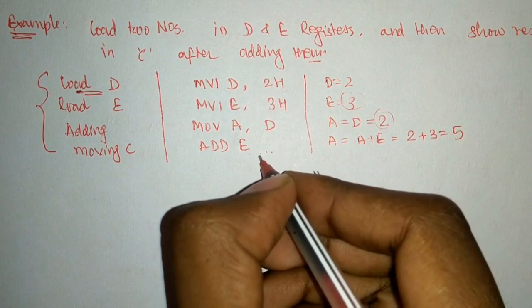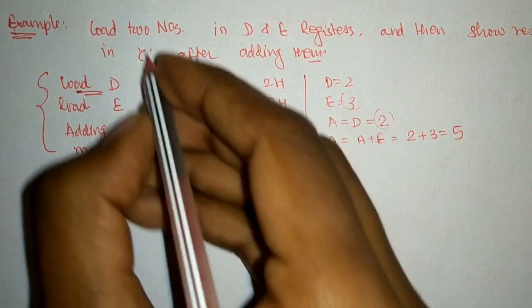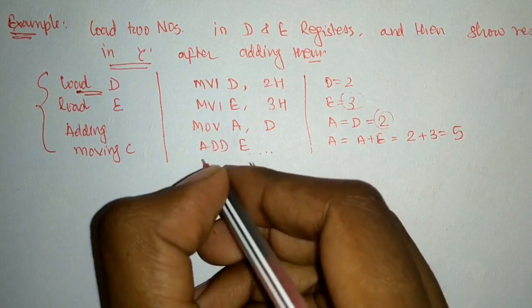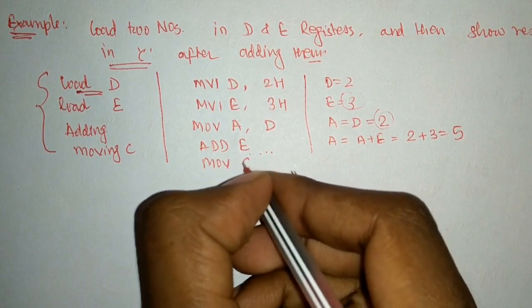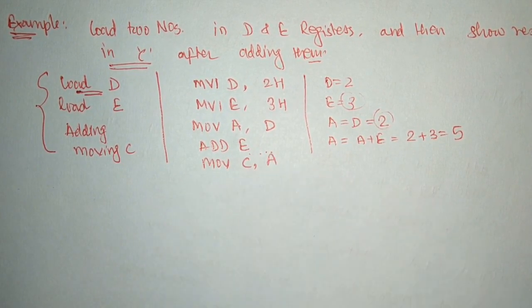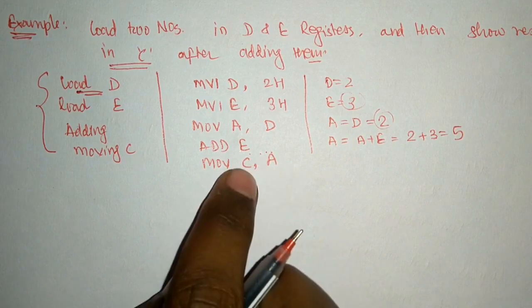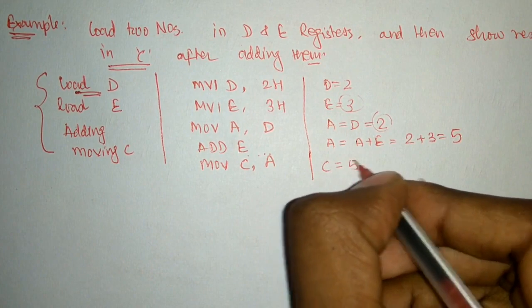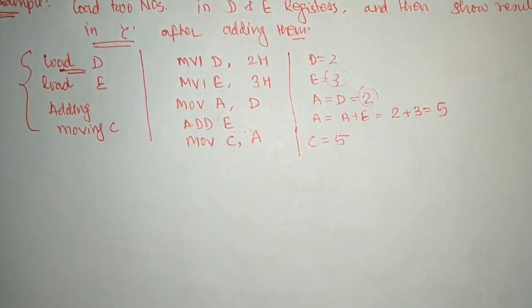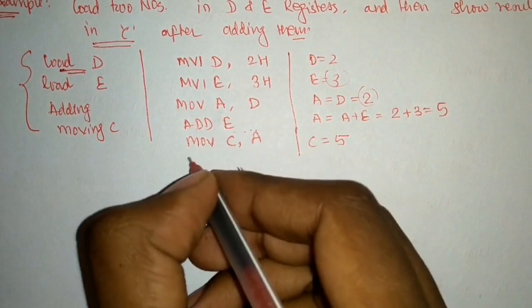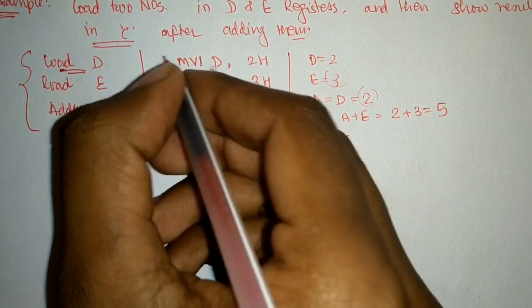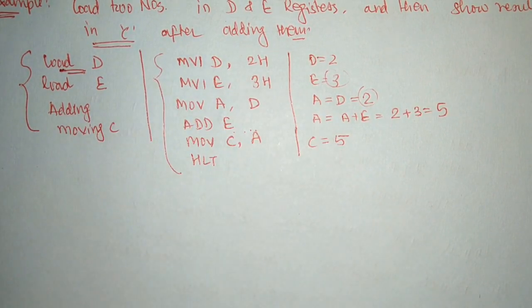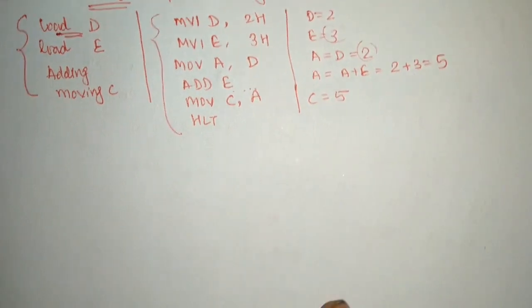But I want the final result in C. So I will simply move C from A, the content of A to C, and finally I will get C equal to 5. So that is how this operation can be done. Now that is all that I want, so there is a halt. That's it. That is how we write programs for an 8085 microprocessor.